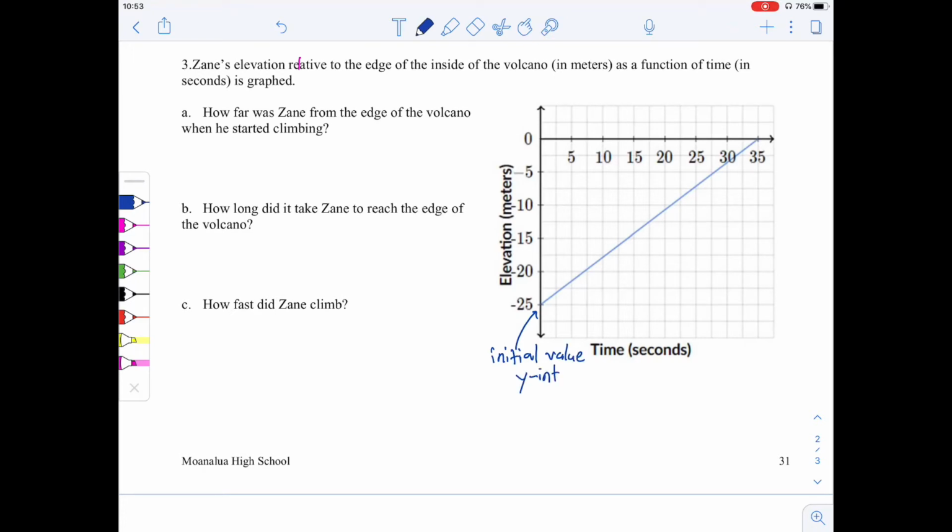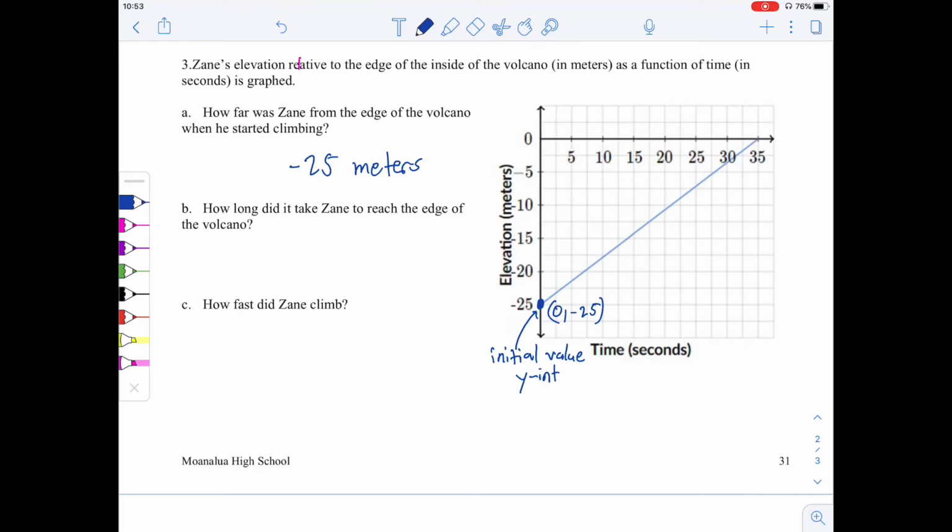So that started at -25, so (0, -25). So when he started climbing, he was at -25 meters.